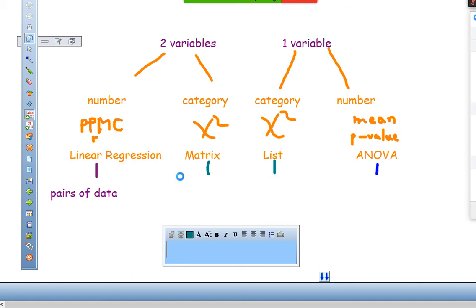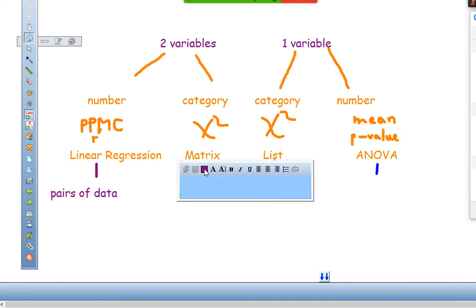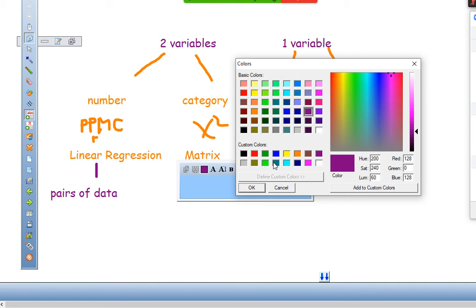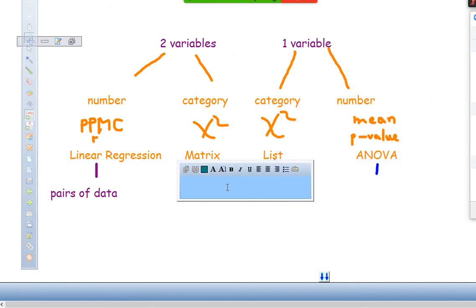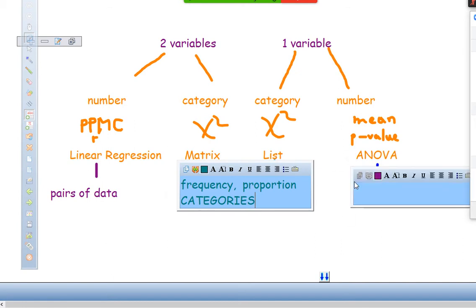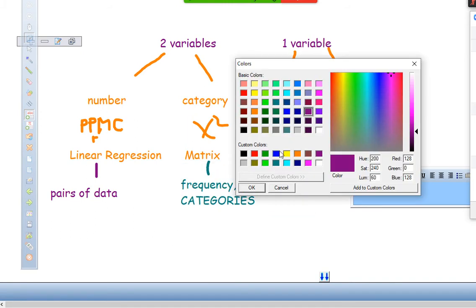All right, so then this one, you're going to have words like frequency, or you're going to have words like proportion, because you're going to have categories, right? Kind of goes back to that categories thing. And then over here, ANOVA, these are totally going to be means.